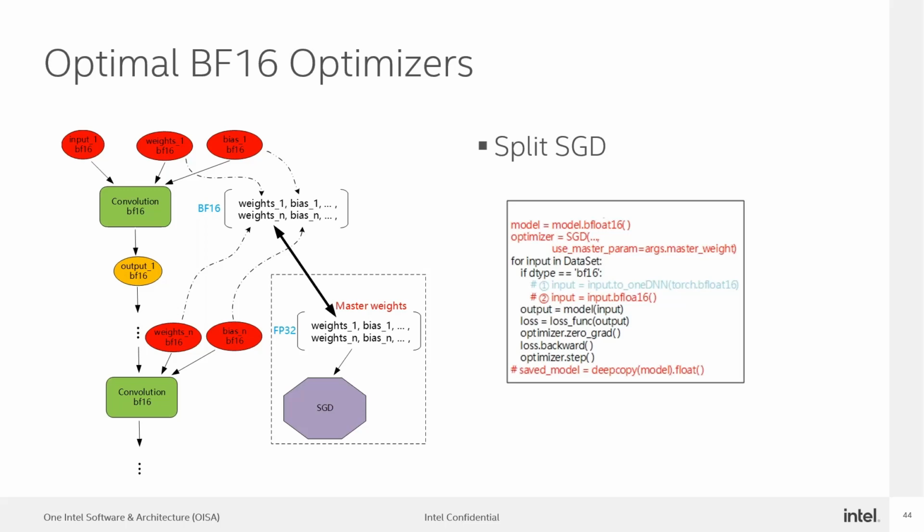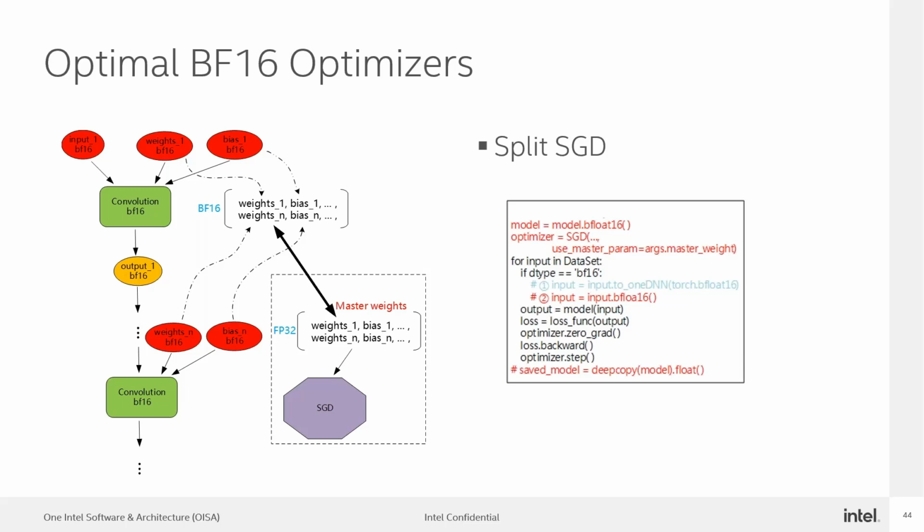For training a model, the biggest thing that we focus on is the accuracy of training. Compared to performance, training accuracy is always the first priority.